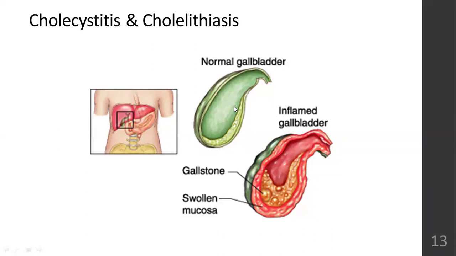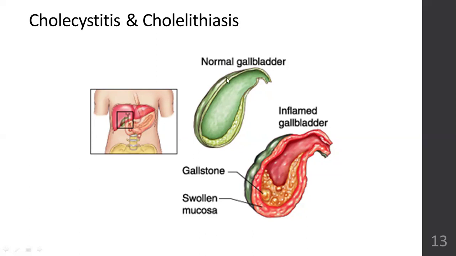So one time a day you may have food. So for 16 to 18 hours, your gallbladder is filled with concentrated bile juice, and it will solidify within the gallbladder, and it will cause gallstones.